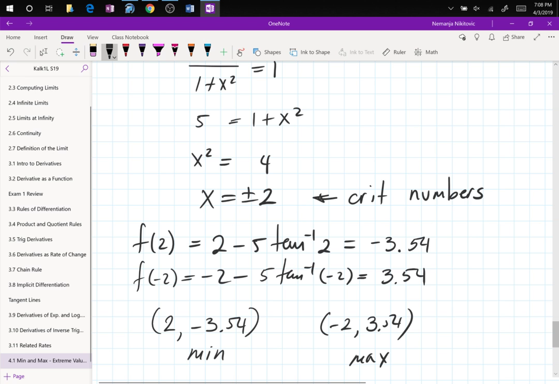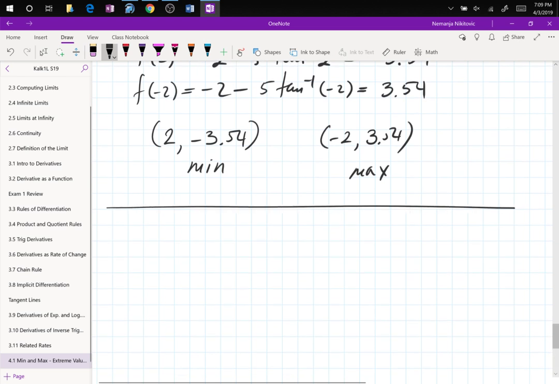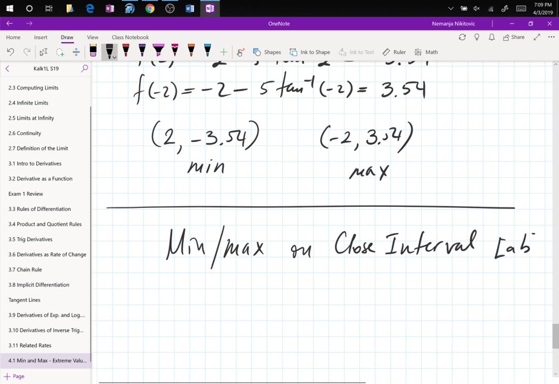The last concept of this lecture is min and max on the line segment. So if you have a restricted domain, so min and max on a closed interval, closed interval a, b.